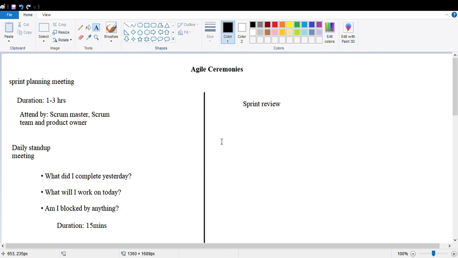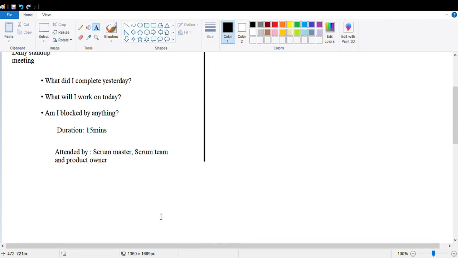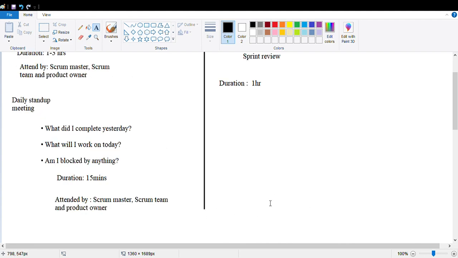The duration for the sprint review meeting is 1 hour. And the team members involved are the Scrum Master, Scrum Team, and Product Owner.